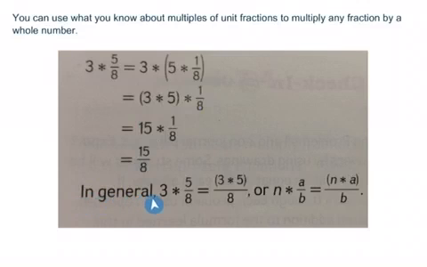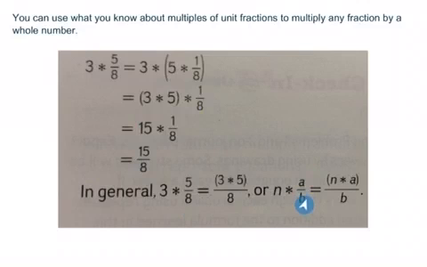So in general, 3 times 5/8, I could represent that as 3 times 5 over 8, which is the same as saying, I'm putting now variable letters in, n times a over b. So the n is this 3, right? And the a is the 5, and the b is the 8, okay?